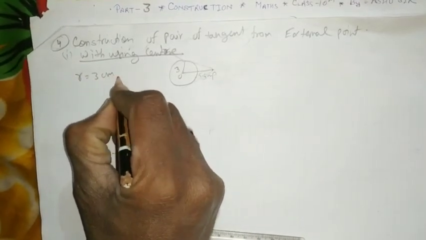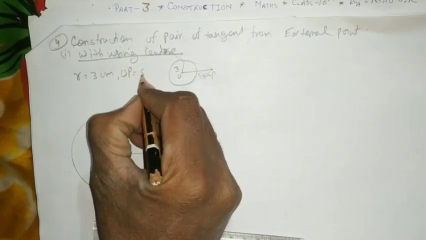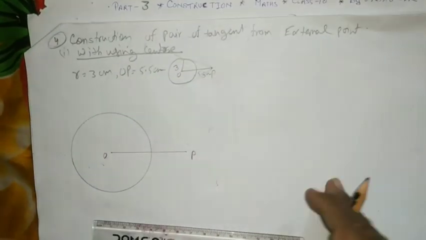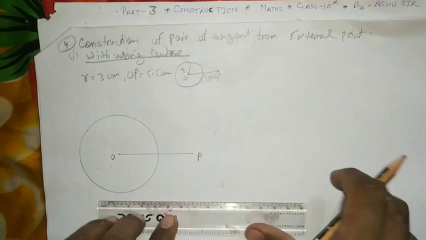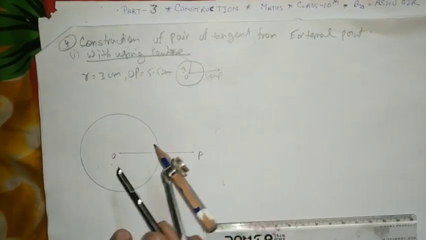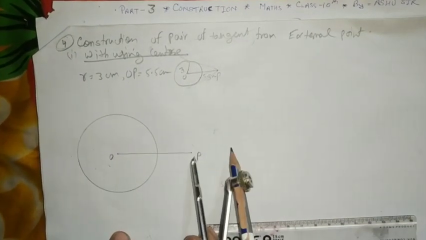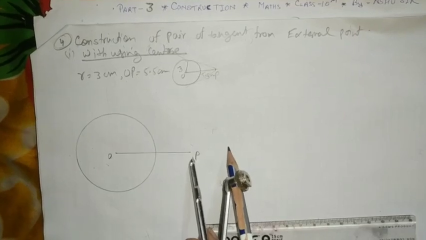Radius 3 cm, OP 5.5 cm. Then take OP as a diameter and draw a circle.